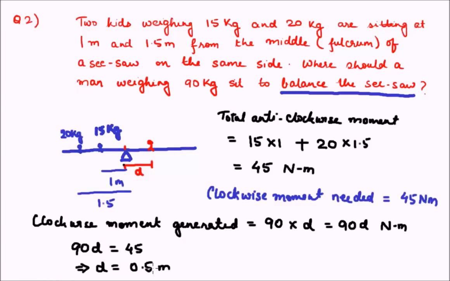Therefore, we see that for the seesaw to be in a state of balance, the man should sit at 50 centimeter or half meter away from the pivot and in the opposite direction than what the kids are sitting.